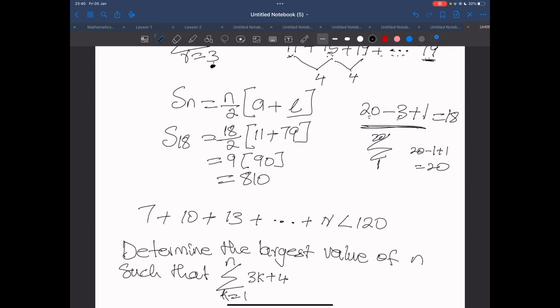So this is less than 120. Let's look at this question here. Determine the largest value of n such that this is less than 120.